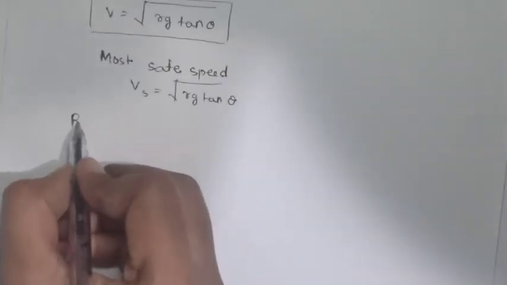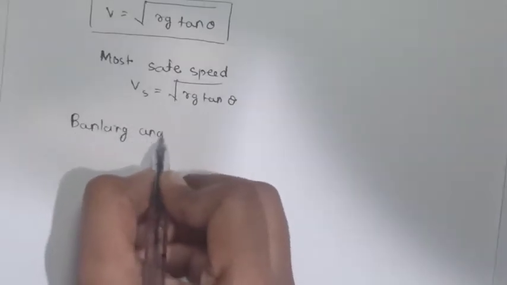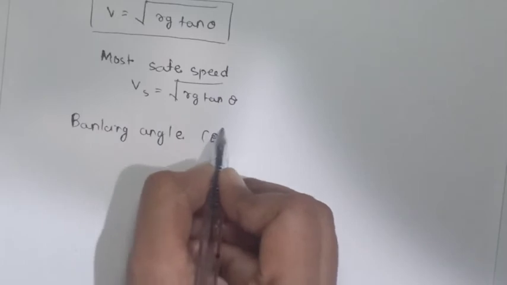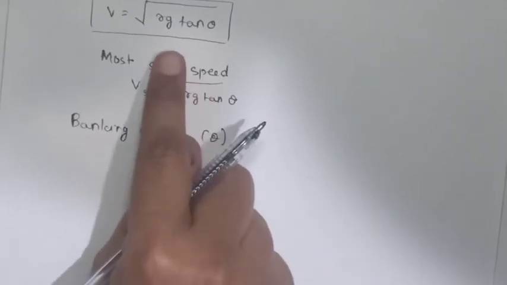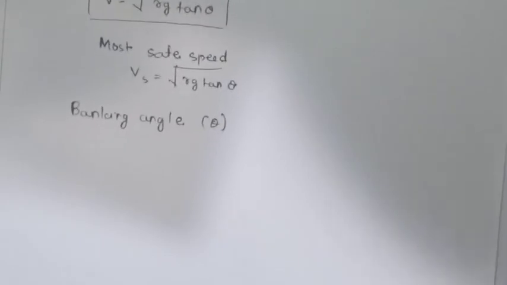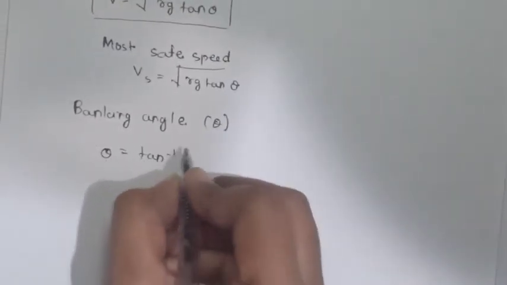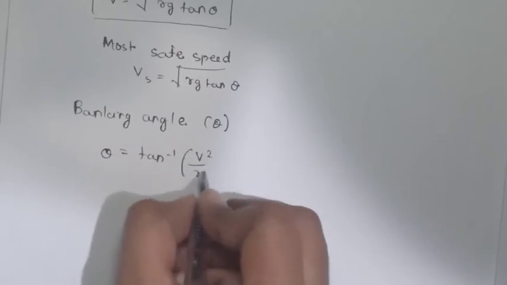Next is that banking of road, or banking angle, which is nothing but theta. If you go through this equation, you will get theta equals tan inverse of v square by Rg.